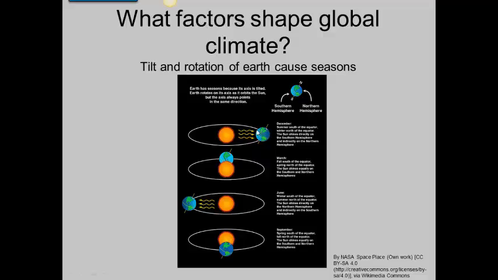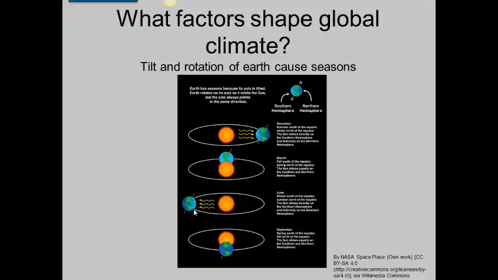So this is December, when it's winter in the northern hemisphere. And then you can see down here in June, the northern hemisphere is now facing the sun. The southern hemisphere is tilted away from the sun. So that means it's summer in the northern hemisphere and winter in the southern hemisphere.